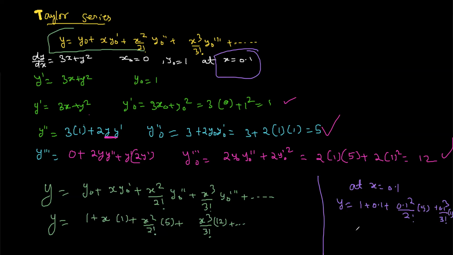Okay, simplify this and you will get the answer. Understood? So simplify this with a calculator and write the answer here. You will get y at 0.1. Note it down.